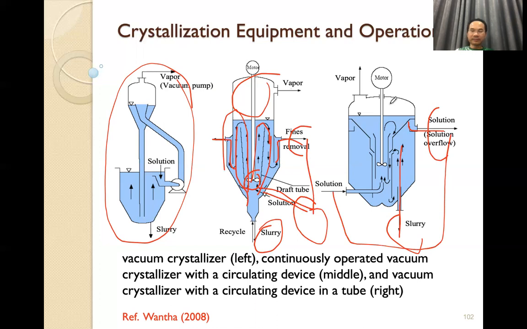This is the equipment in the industrial crystallizer. The most common for the industrial crystallizer is the drop tube crystallizer. We have the overflow from like this, or the fine removal from like this.